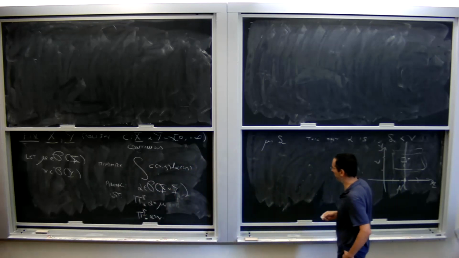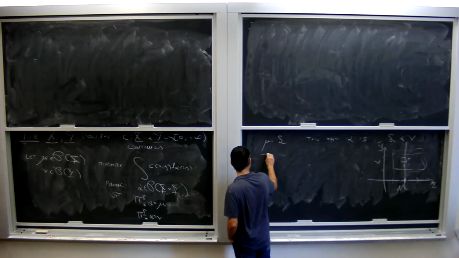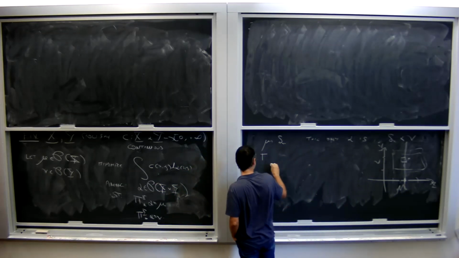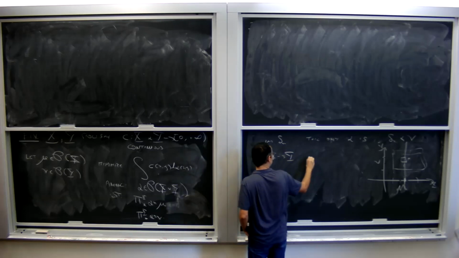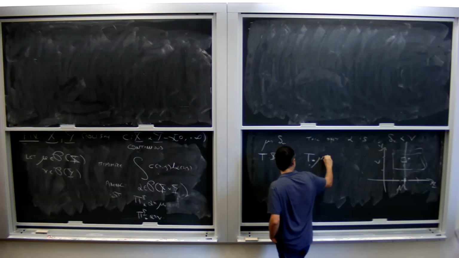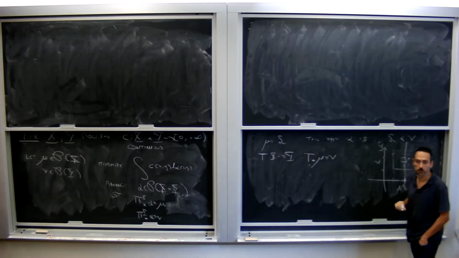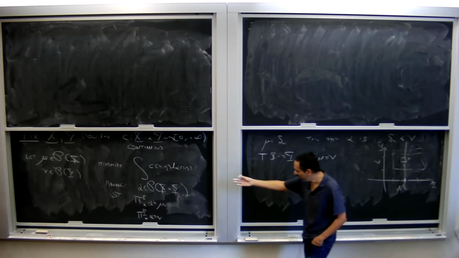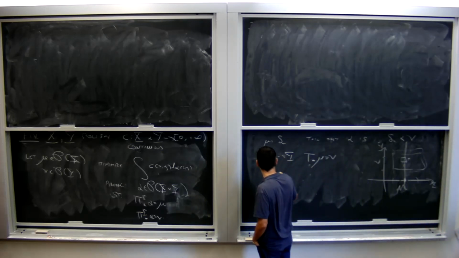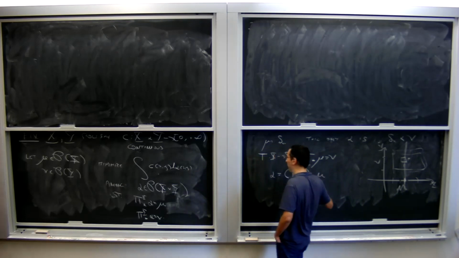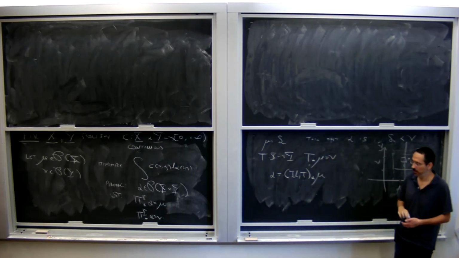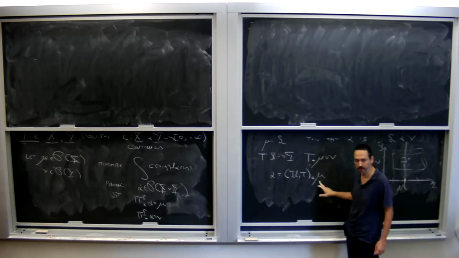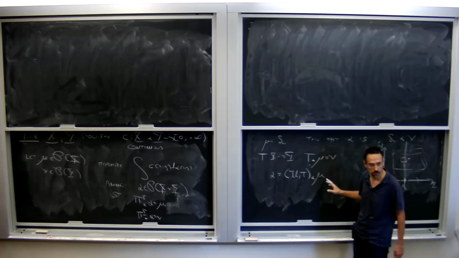A particularly relevant example is: suppose that you have a map T from X to Y such that T push forward mu is equal to nu, a transport map. Then this induces in a natural way a coupling in the following way: alpha equals (identity, T) push forward mu. Identity comma T is the map that takes x and returns (x, T(x)) in the product.